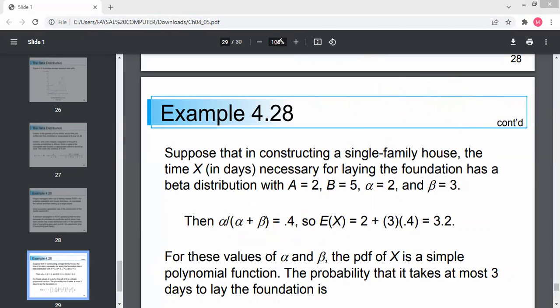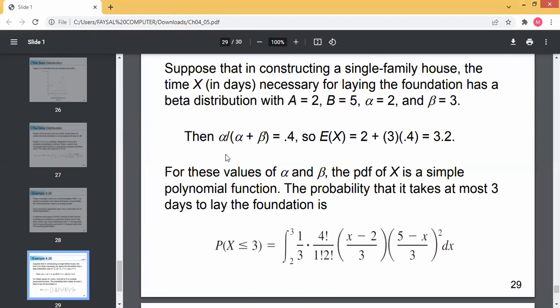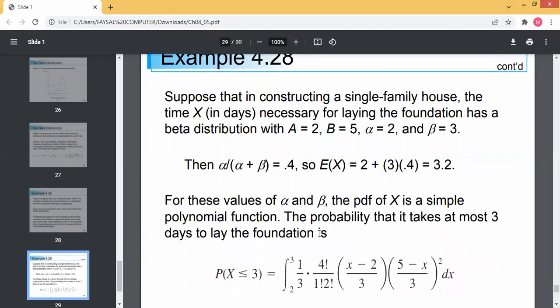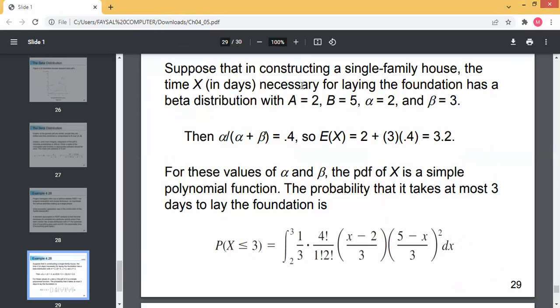Okay, so the next formula. For laying, the probability of x less than 3, where 3 is the beta value, will be 1 upon 3 into 4 factorial, the value of this parameter, into 1 factorial into 2 factorial, into x minus 2 divided by 3 into 5 minus x.